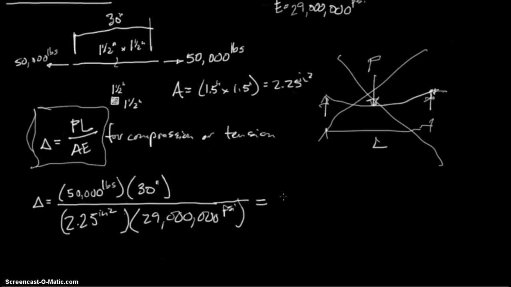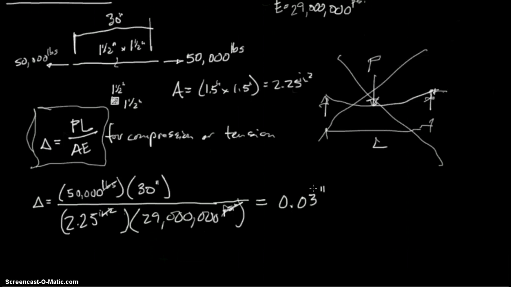When you do that calculation, you get 0.23, let's say, and that's pounds over PSI. PSI, pounds per square inch, divided by PSI is going to give you nothing. That's going to cancel out, and then 30 will be inches.